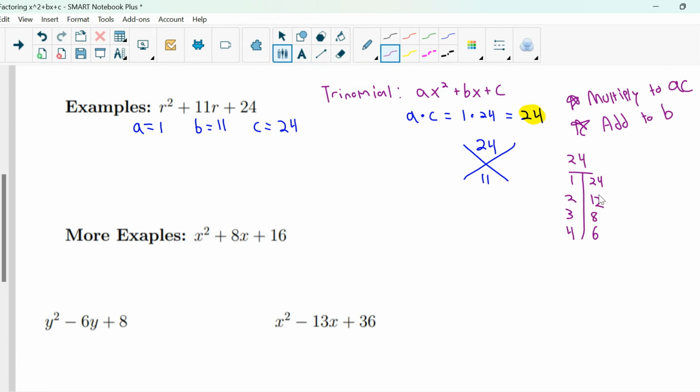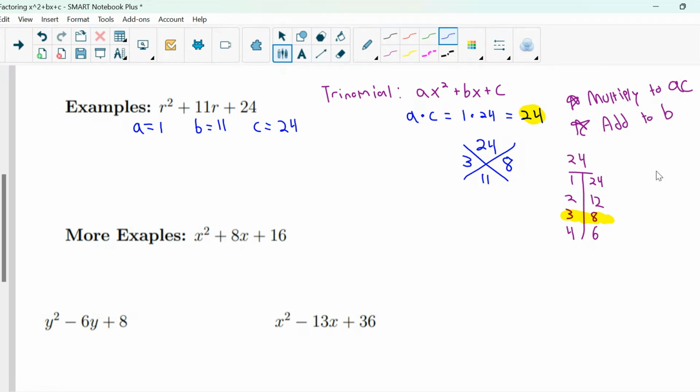So between each of these, they all are going to multiply to give us 24. But which of these are going to add to 11? Well, 1 and 24 adds to 25. 2 and 12 adds to 14. 3 and 8, though, adds to 11. So the 2 factors I'm going to use are 3 and 8.